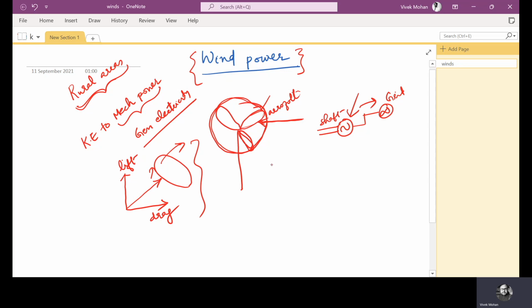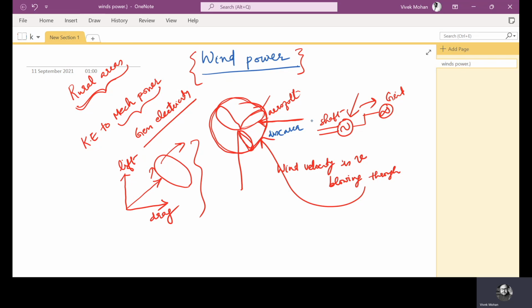The wind velocity is v, blowing through this disk area, which happens to be the wind turbine rotor. It's actually the blades, but the swept area. So this is considered as the swept area A, and this is the wind velocity V.